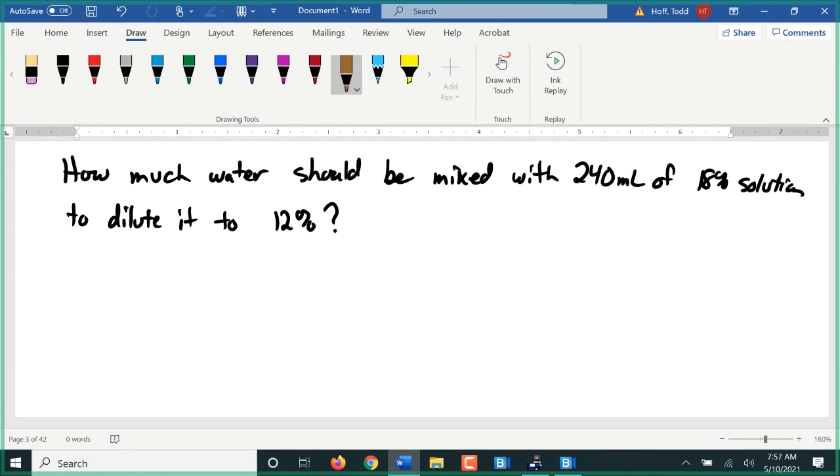What we are mixing here, we are mixing water, otherwise known as 0% solution, with an 18% solution in an attempt to create a 12% solution.